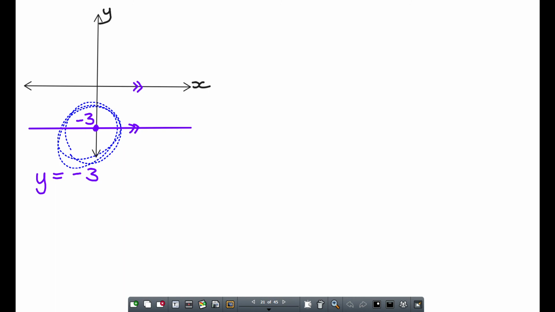So the equation of that line will then be y is equal to -3 because it only cuts through the y-axis. If it was a vertical line, it's only going to cut through the x-axis. So that equation would be x is equal to, wherever it cuts through. It's not going to cut the y-axis because it's vertical.